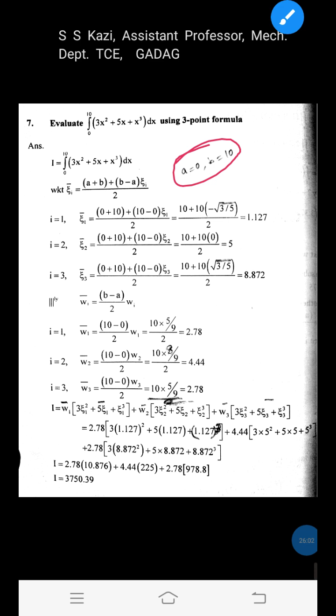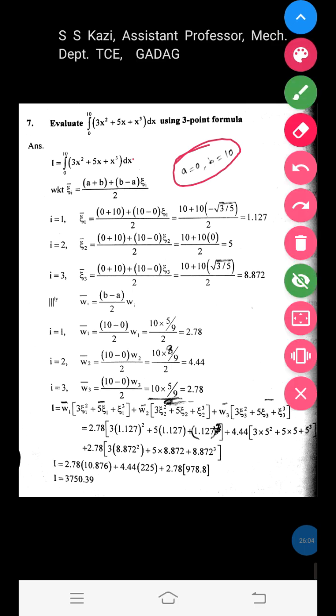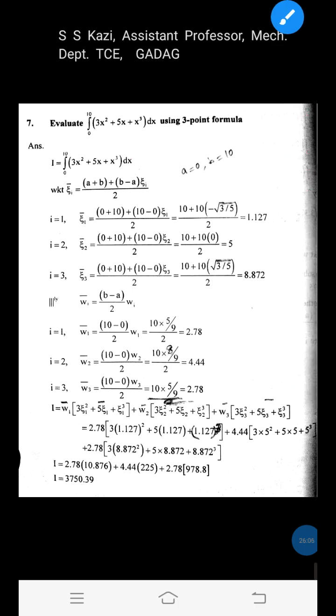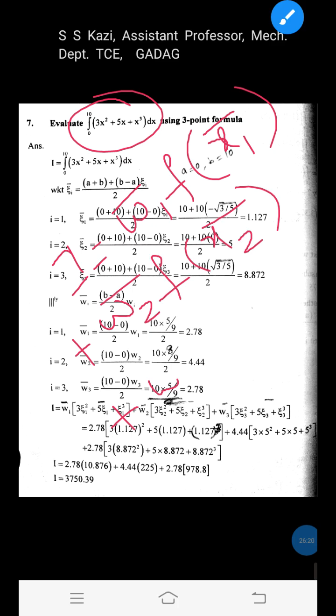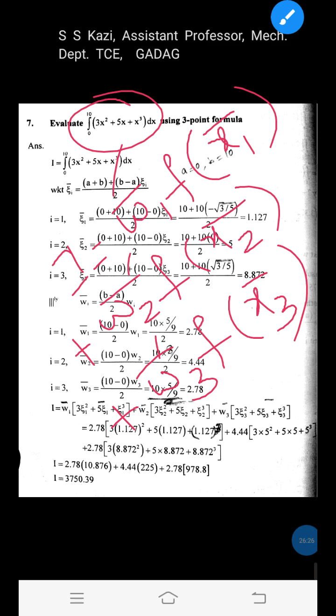Now using 3-point method, this integral can be equated to I is equal to w1 bar f of x1 bar plus w2 bar f of x2 bar plus w3 bar f of x3 bar. We are using 3 sampling weights and 3 sampling points x1 bar, x2 bar, x3 bar.